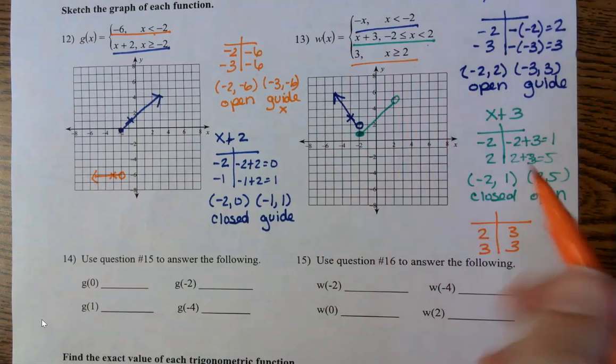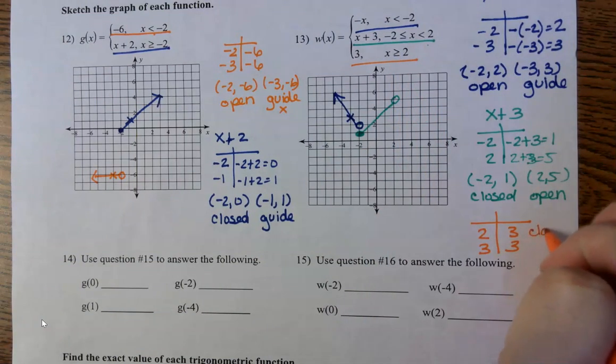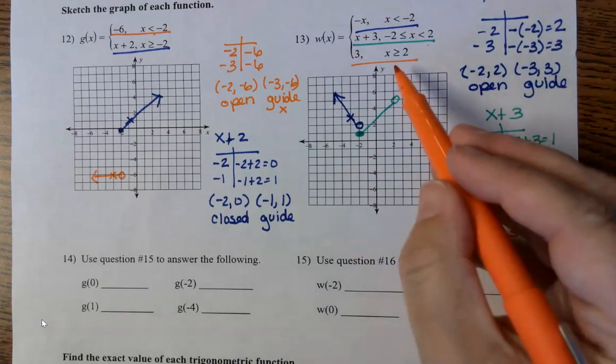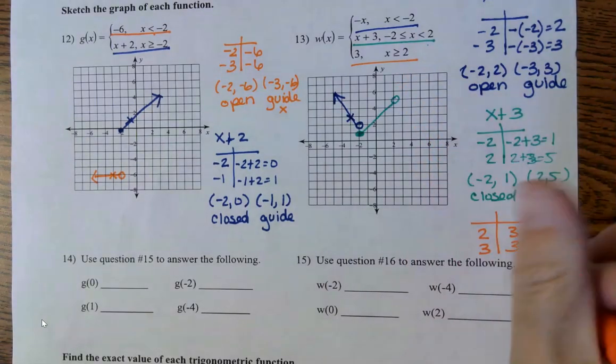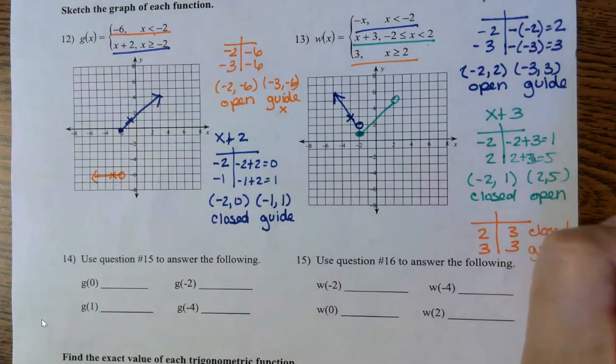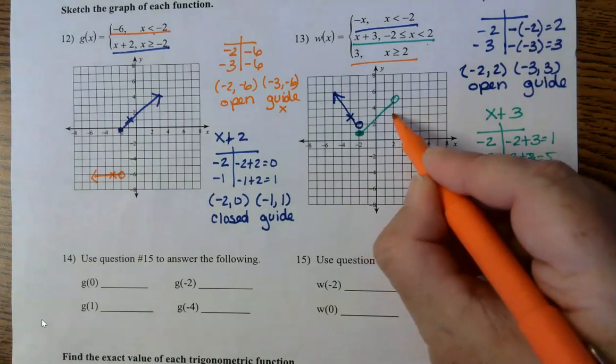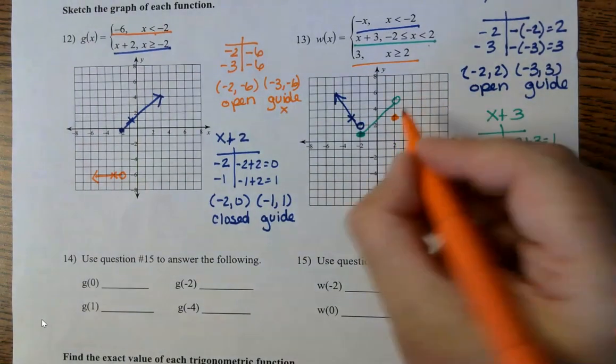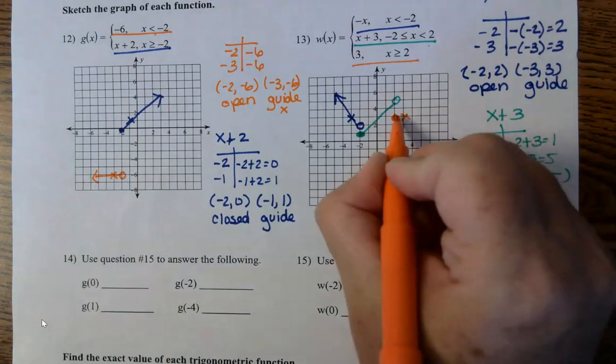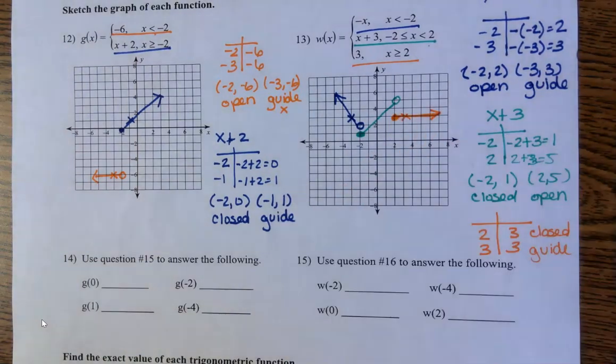So since there's an equal to bar at 2, this is closed. And then since 3 was a number we gave, this will be a guide. So 2, 3, and 3, 3. Okay, so there are your graphs.